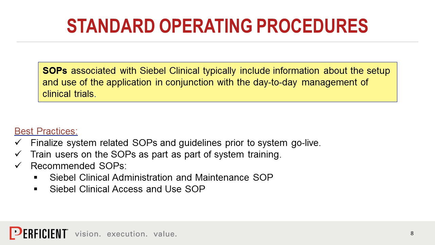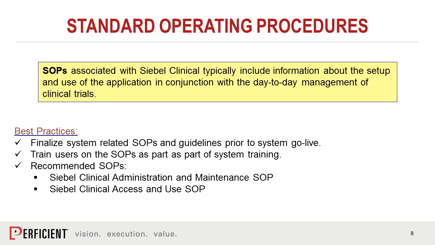The first topic, which is always a favorite, is standard operating procedures, SOPs. Ideally, an analysis and a review of your organization's current business processes and existing gaps within those processes were performed during the requirements gathering and design stage of your CTMS project. This type of analysis should always be performed early on in a project of this nature when we're rolling out a CTMS.